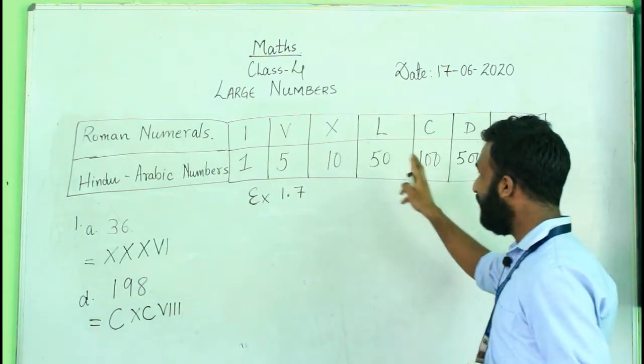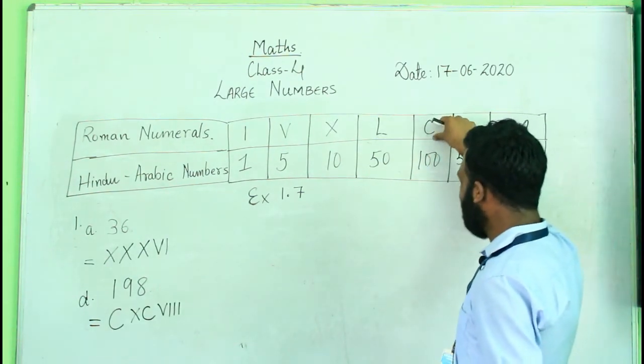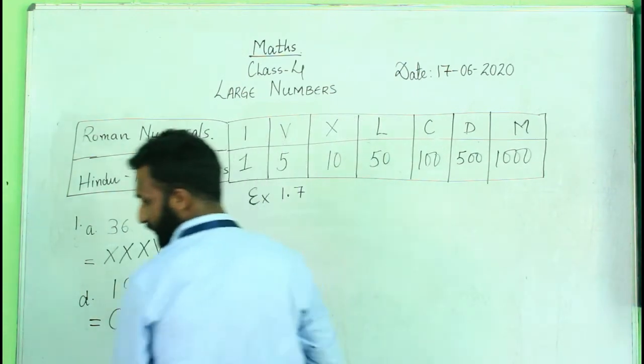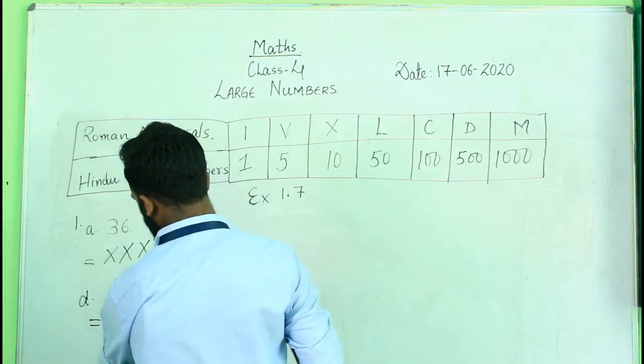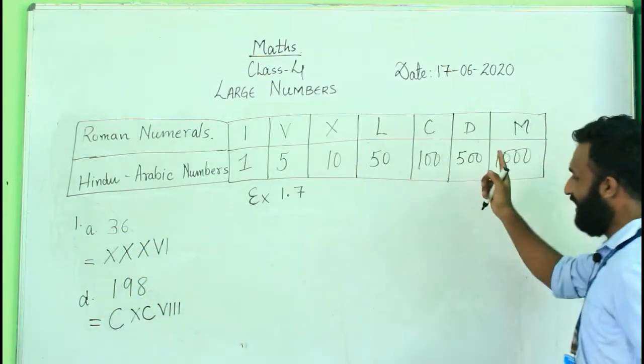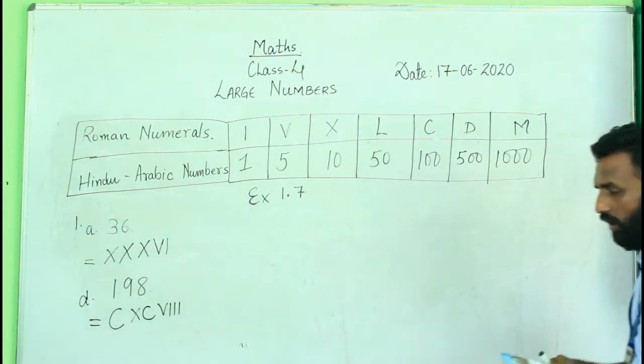To get 90, 100 minus 10, the bigger letter is C and the smaller is X. So X at the left side, C minus X is 90, and 8 is 5, 6, 7, 8. This is how you will do question number 1.